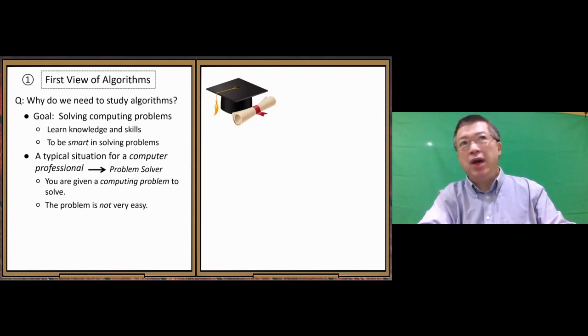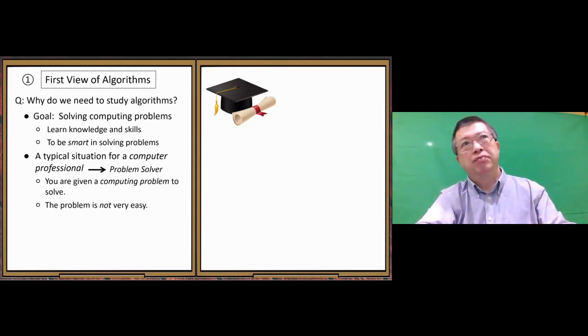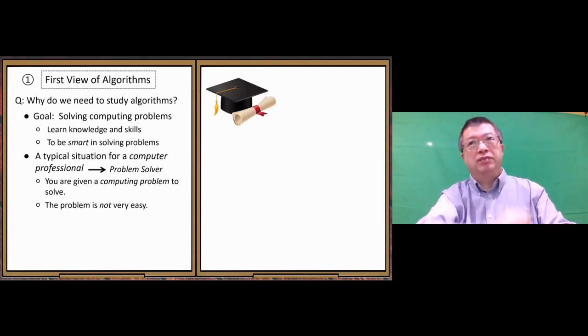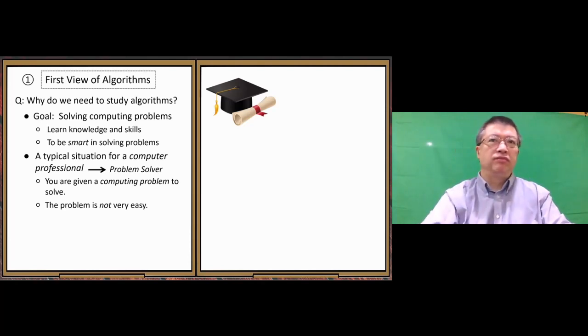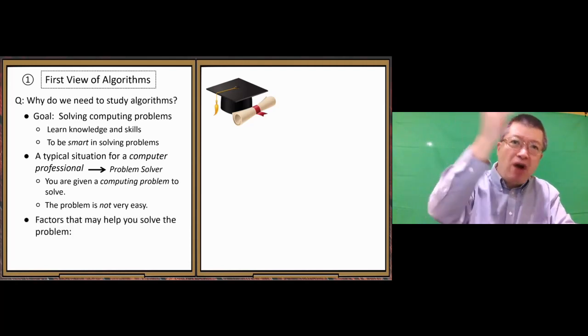Usually you don't worry about easy problems, right? For easy problems, you can complete them easily. But usually people worry about how to solve hard problems. So now let's look at how to solve those relatively hard computing problems: the factors that may help you solve the problem.